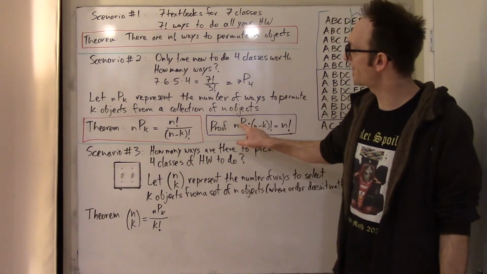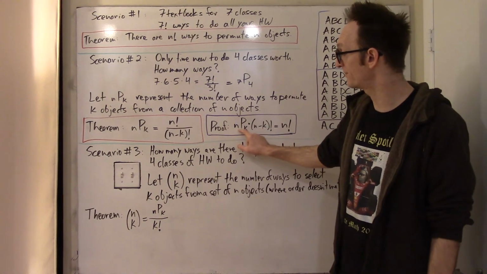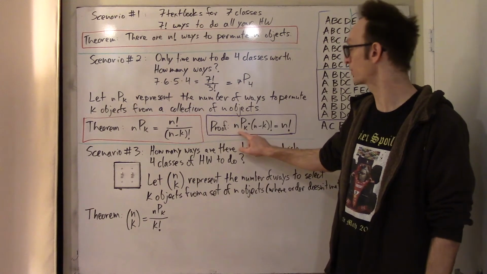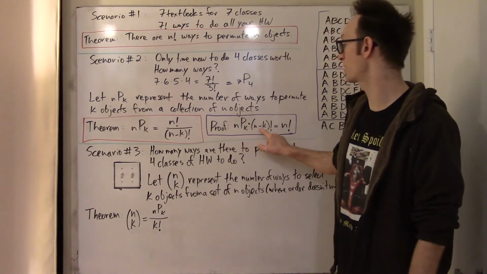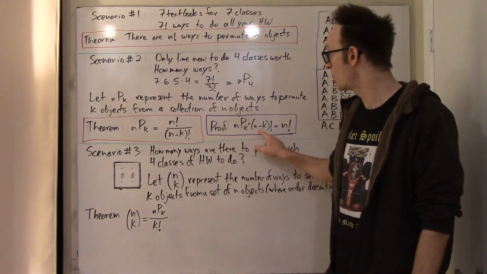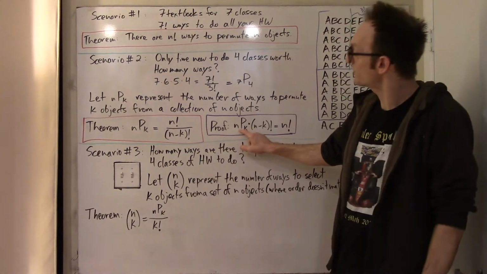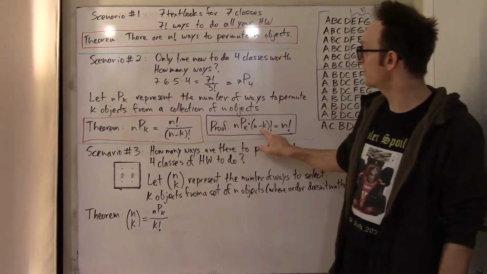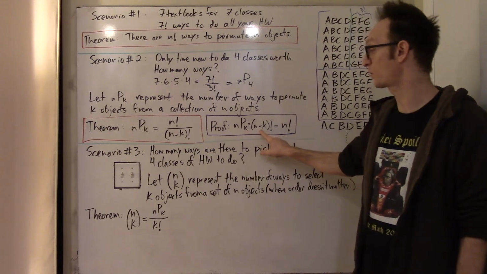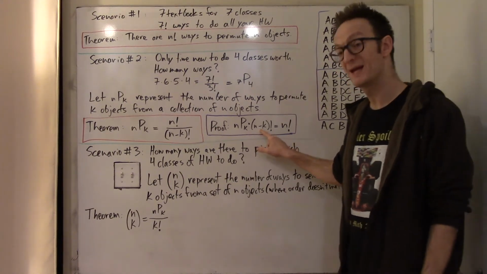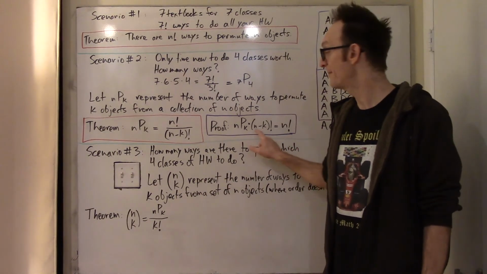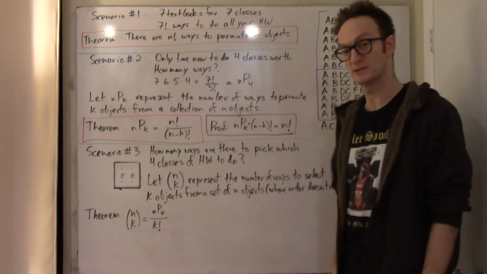And so if I put the first k objects in order, and then I also put the remaining objects in order, well, for every way there is to put the first k objects in order, there are this many n minus k factorial ways to put the remaining n minus k objects in order. But now I have just ordered all the objects.